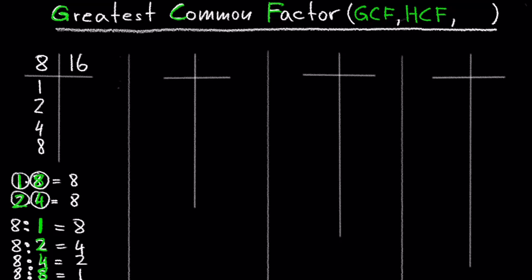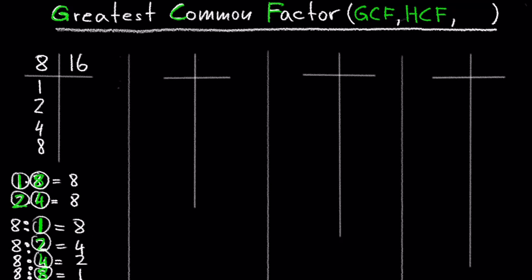So instead of asking yourself the question, which numbers multiply to 8, you also could ask, which numbers divide into 8 evenly? 1, 2, 4 and 8 divide into 8 evenly, because 8 times 1 is 8, 4 times 2 is 8, 2 times 4 is 8, and 1 times 8 is 8.